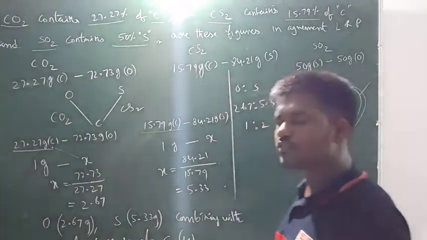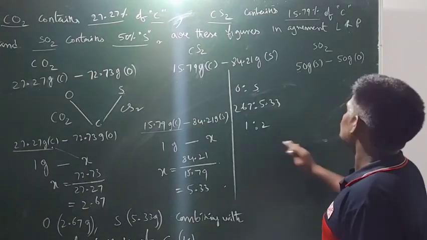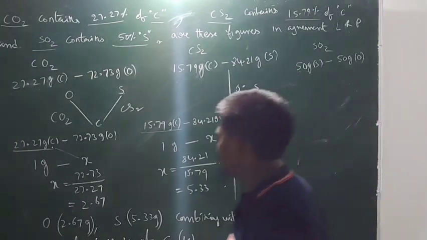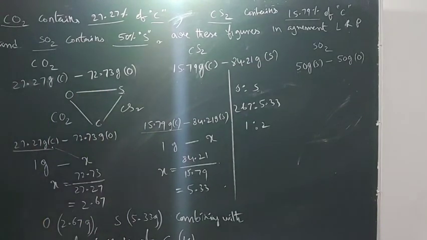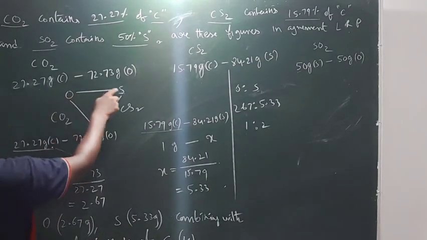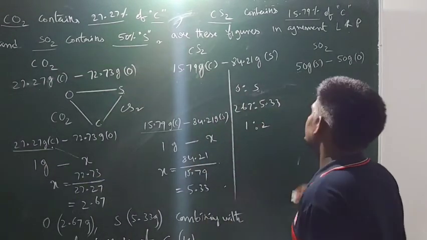The fixed mass of carbon. Now the thing is, when these two combine together directly, what about the mass ratios we have to find out. These two combine together and give which substance, guys? SO2.